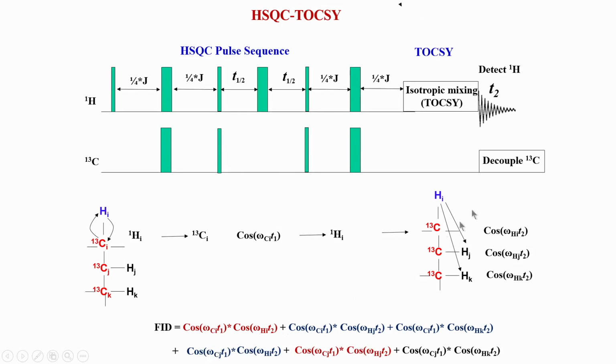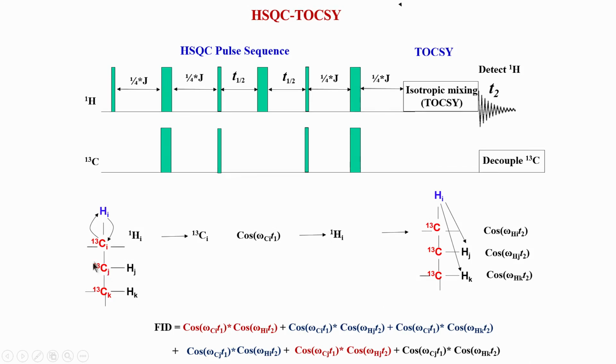Okay. So, this is what is shown here, an additional correlation. Suppose I do the detection on this particular proton, and transfer the magnetization from Hj to Cj. If I now look at Hj into Cj interactions, this is again a direct HSQC peak, but now because of the TOCSY, Hj will also correlate with Hi and Hj will also correlate with Hk.